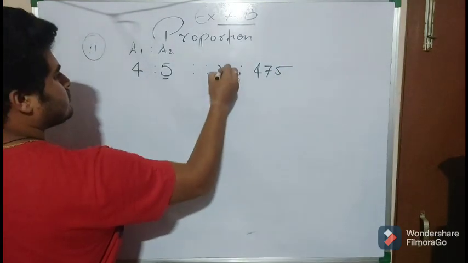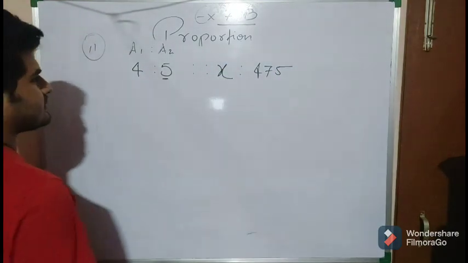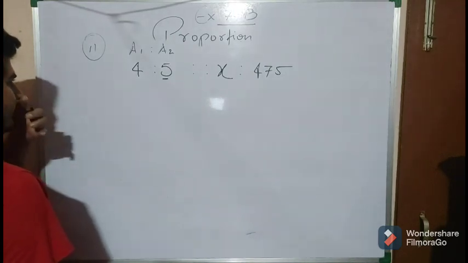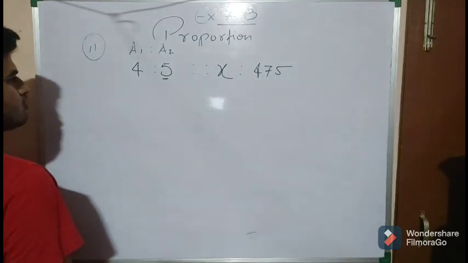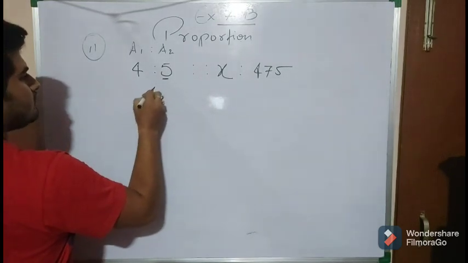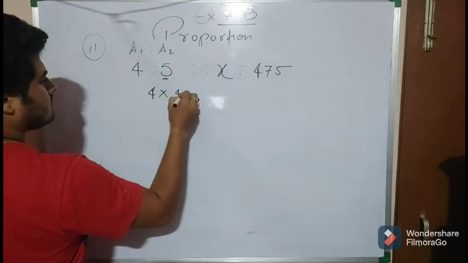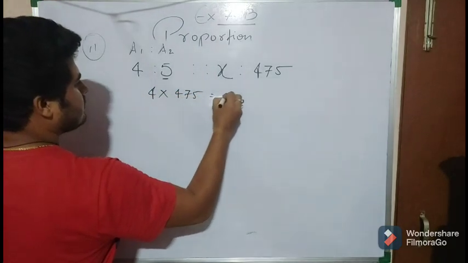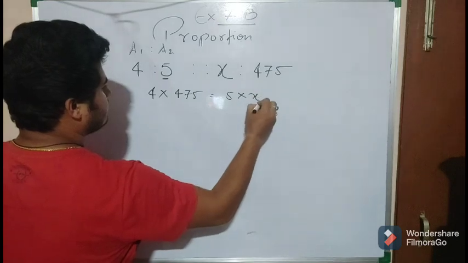So let the smaller square have the area x. So they are in proportion. Again, product of extremes is equal to product of means.